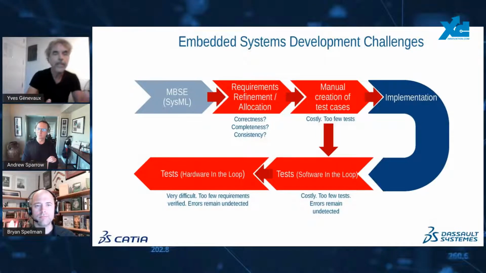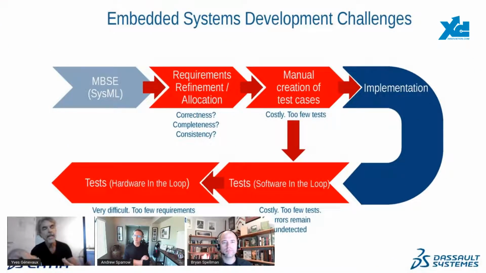Correct. I mentioned challenges. So at the beginning of the process, you could have a model-based approach. Typically, the standard on these first steps is SysML. We have a great tool in Dassault Systèmes, CATIA Magic, former Cameo, that is providing a great support for these first phases.